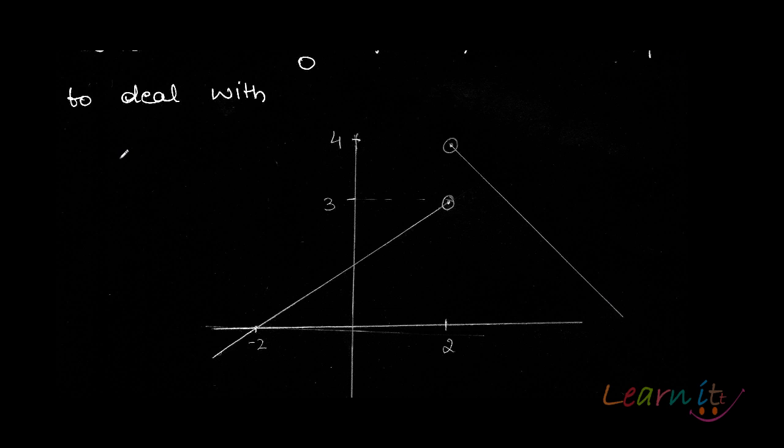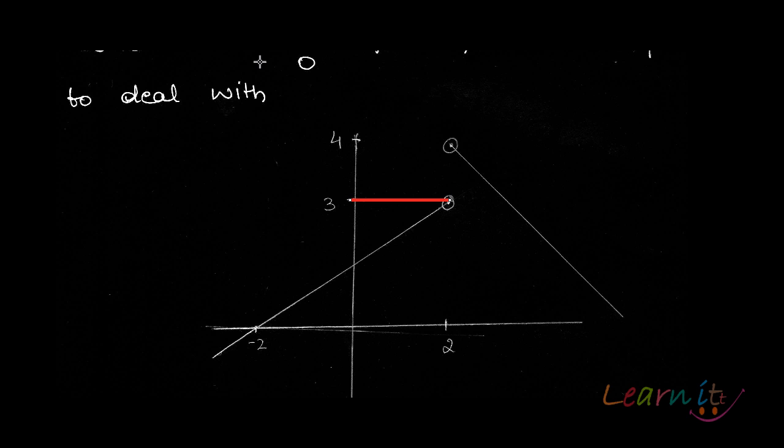Limits like, for instance, let me give you a graph like this. I have a graph which cuts the x-axis at -2 and moves ahead like this.